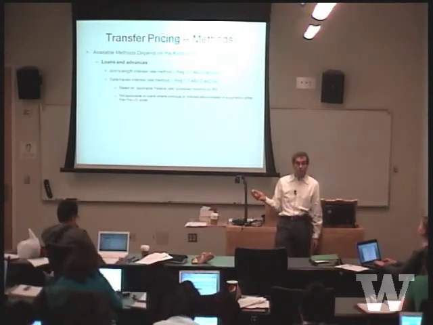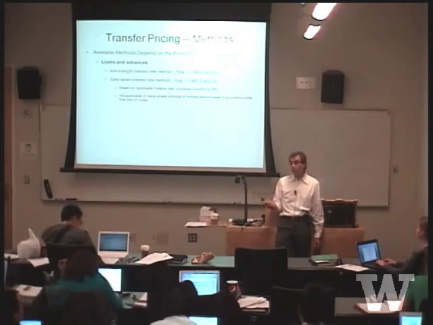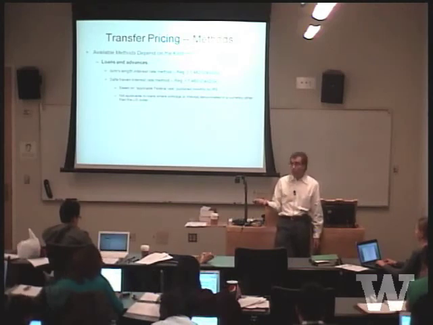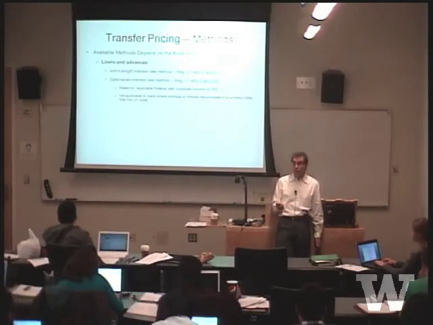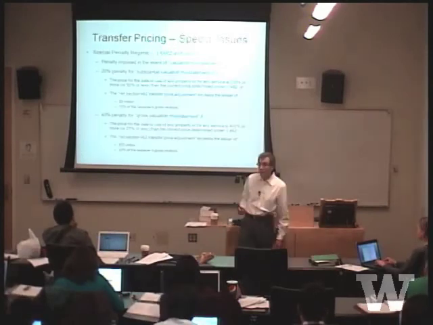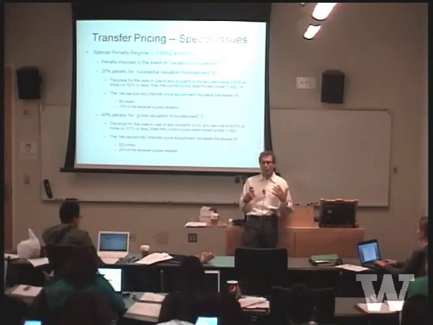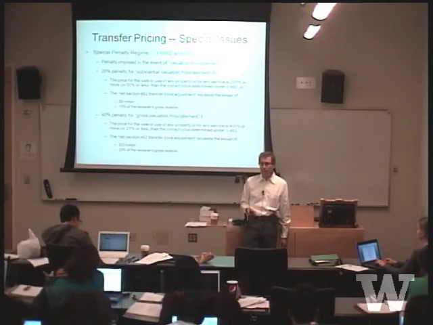Every month, the IRS publishes in a revenue ruling the short-term, mid-term, and long-term rates, AFR rates, for these types of transactions. Before we go on to the next section, any questions about the pricing methods as opposed to other aspects?